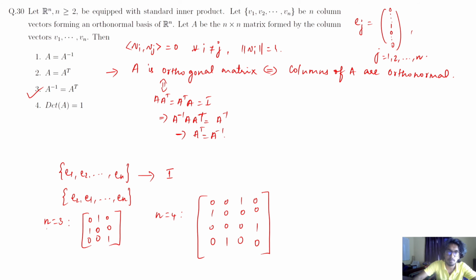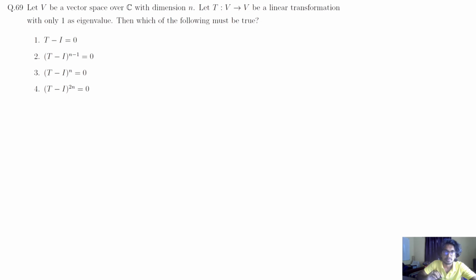Now let us move to the part C questions. Here it is given that V is a vector space over C of dimension n, and T is a linear transformation with only 1 as an eigenvalue. Which of the following must be true? Here the matrix of T with respect to some basis has 1 as an eigenvalue.